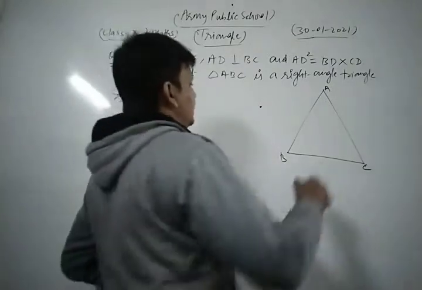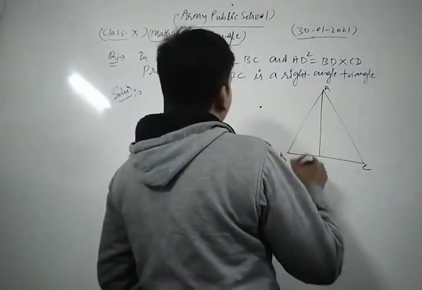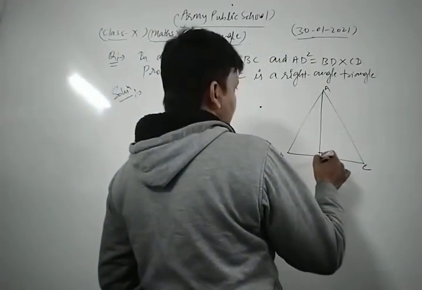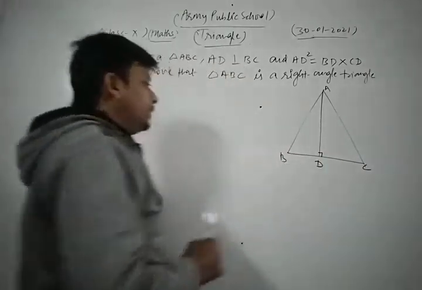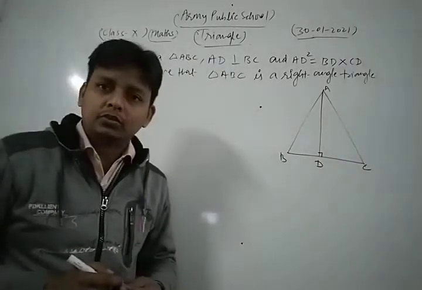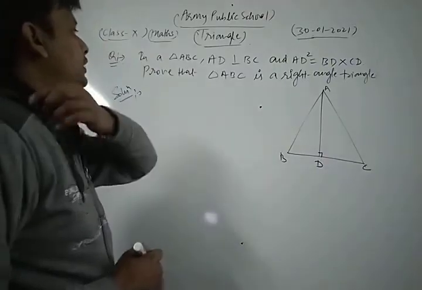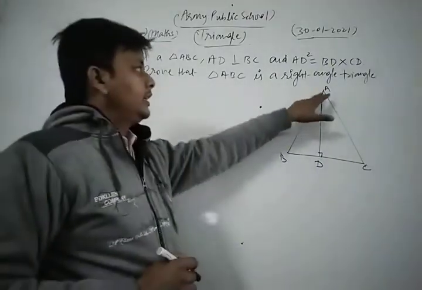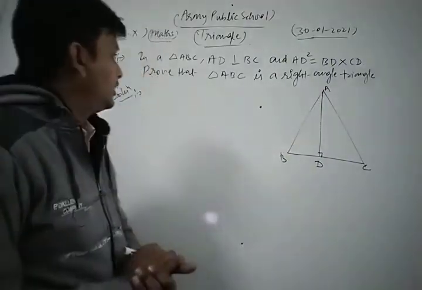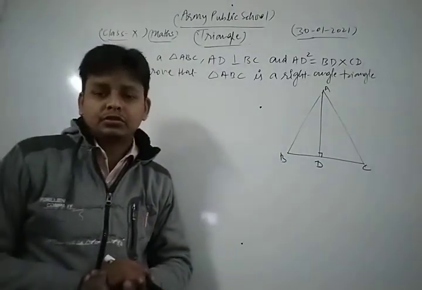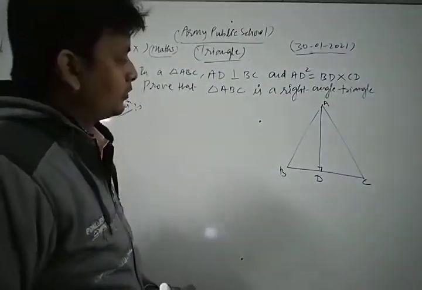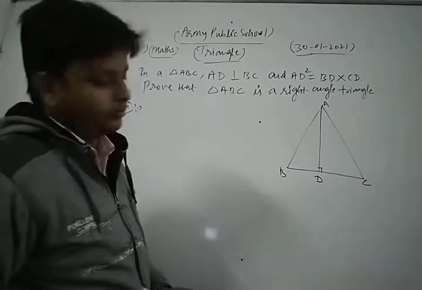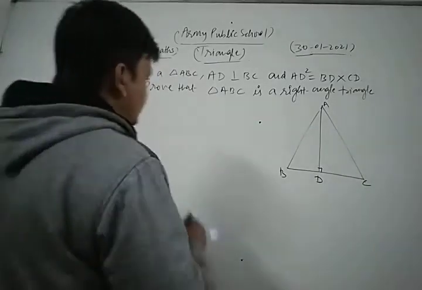Now we just need to prove that the triangle ABC is a right triangle. We have to show that.